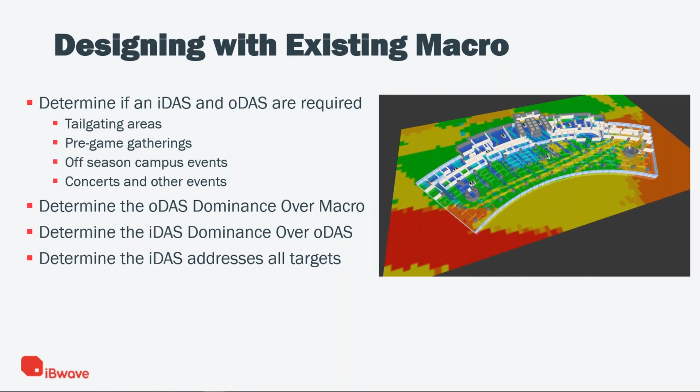Now, designing with an existing macro is definitely becoming commonplace. We see definitely the challenges that we've already mentioned before, but some of the things that we don't always consider, or that need to be taken into consideration when you're designing your in-building system versus your ODAS system versus the macro, are areas that require transitional area or gathering areas before an event, like tailgating areas or pre-game gatherings.